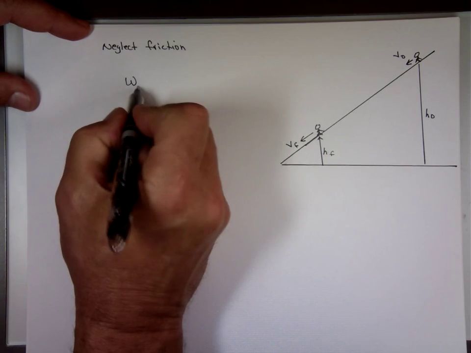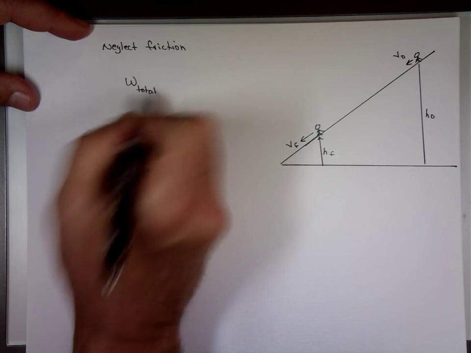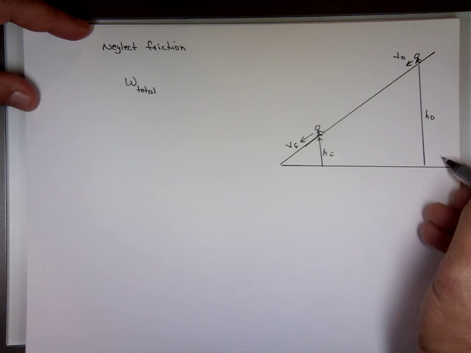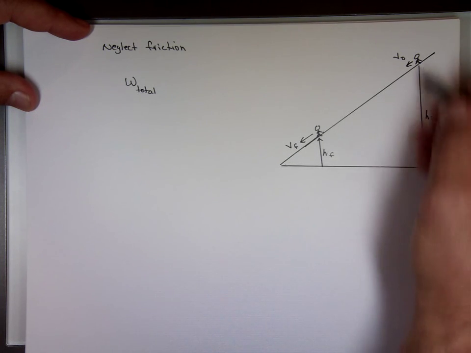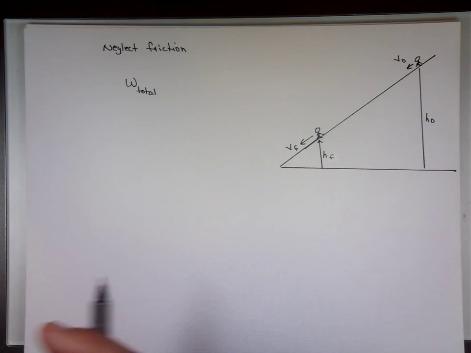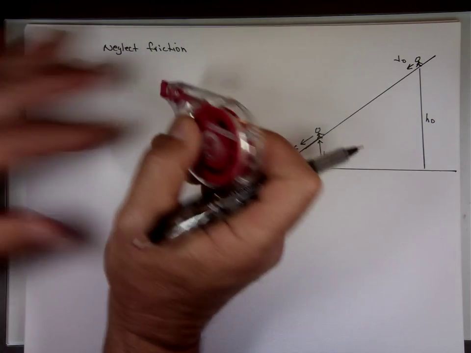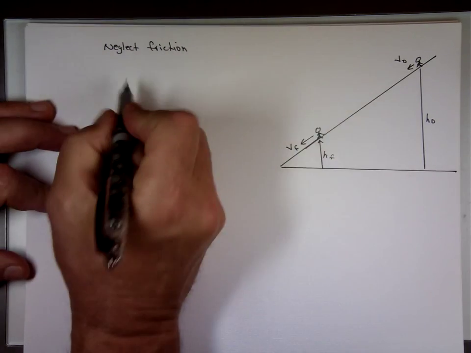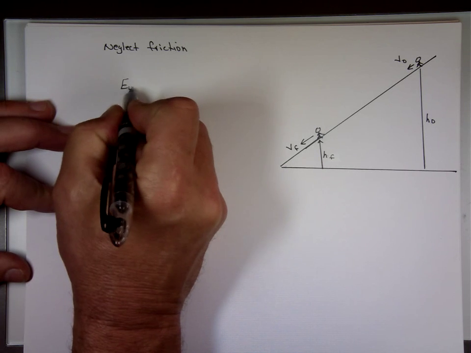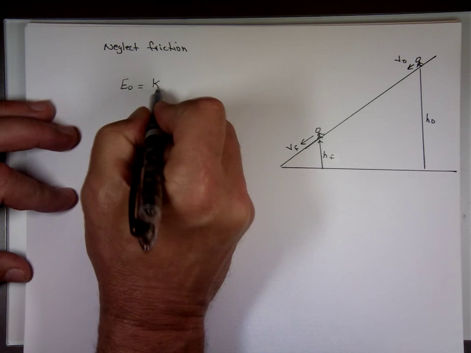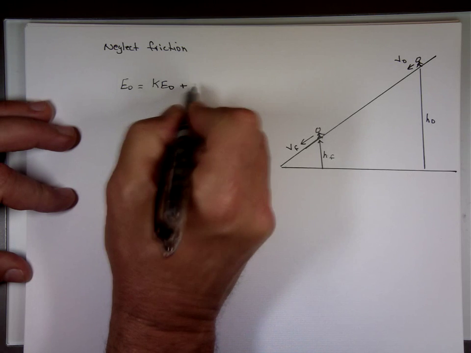If you look at the mechanical energy at the top, the initial mechanical energy, it's equal to the kinetic energy plus the potential energy.